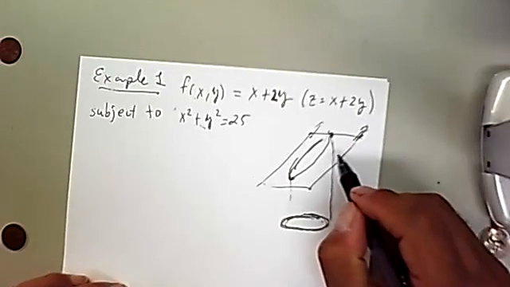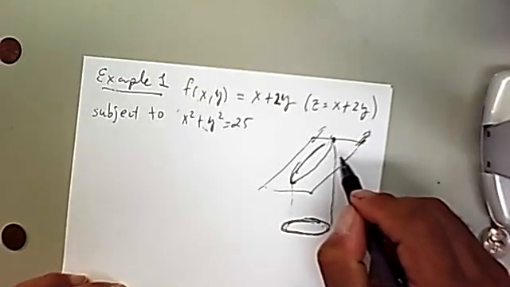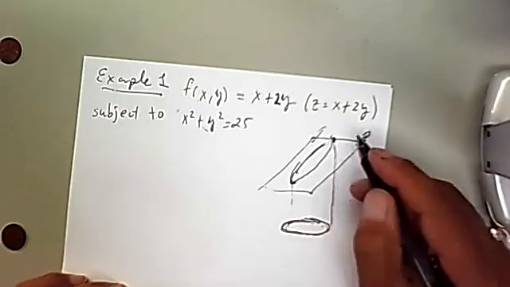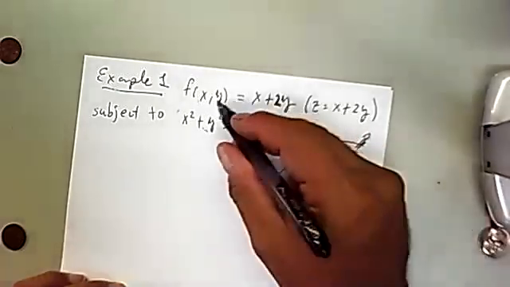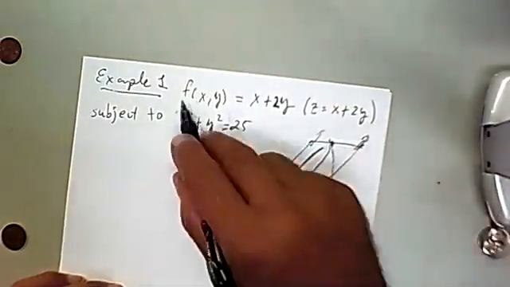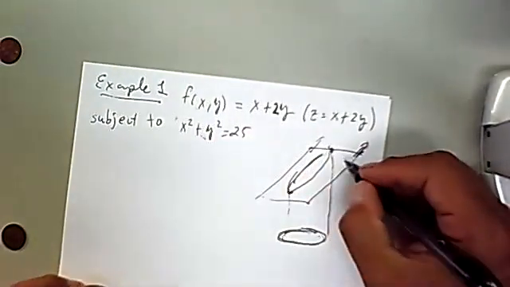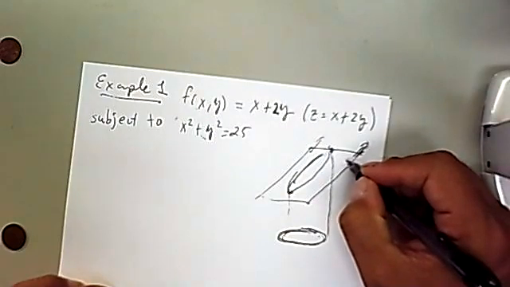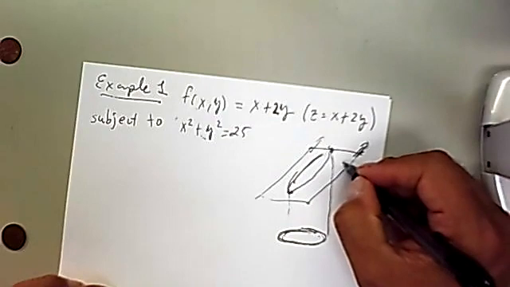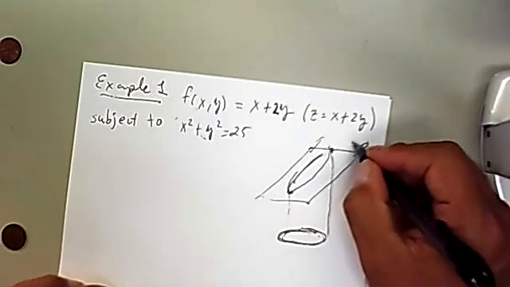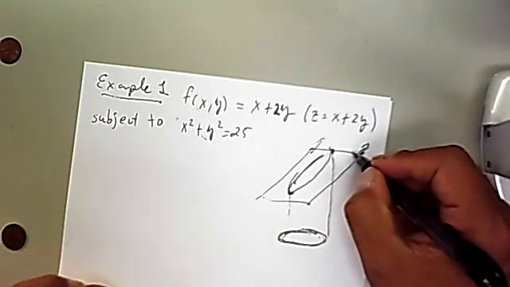Now we're going to use Lagrange multipliers, which implies we're going to use vectors. On the plane, if you find the gradient of this function, we're going to end up with the direction of maximum rise, the direction in which the graph is going up the fastest.